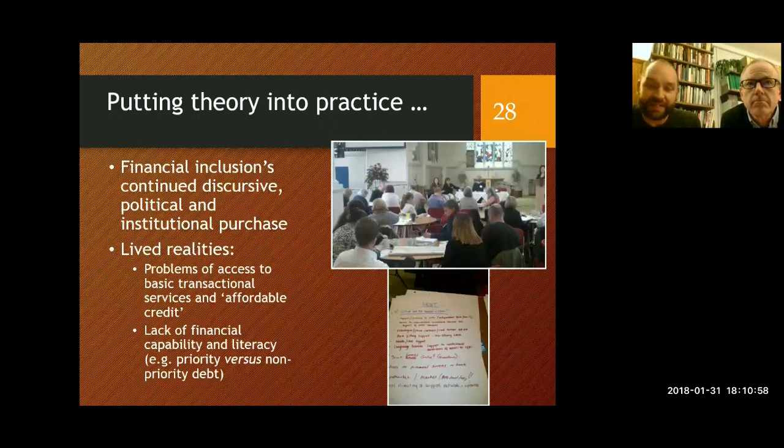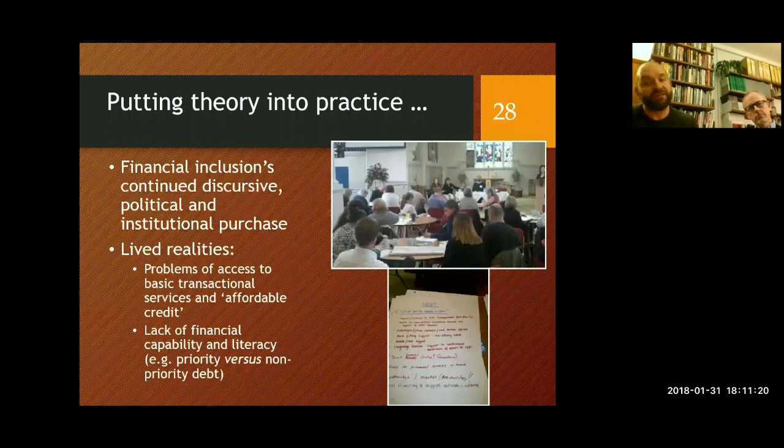It also raises questions because, on a very mundane level, in terms of the lived realities of people struggling with poverty and socioeconomic marginalisation, a lot of those issues are around getting access or not being able to get access to things like basic transactional services and affordable credit.